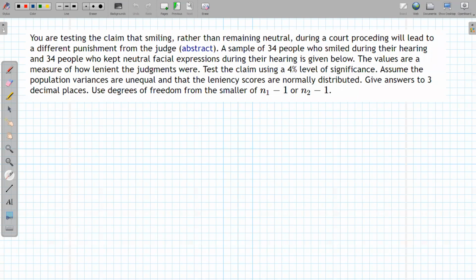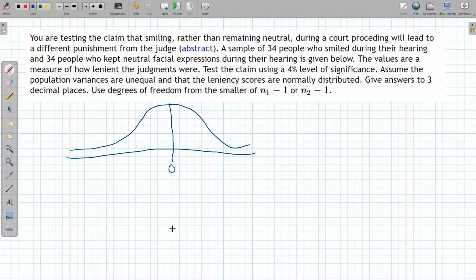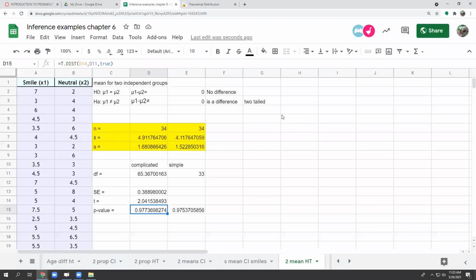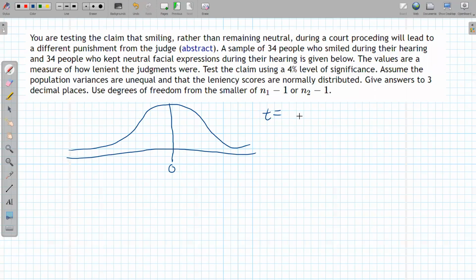Let's draw a little sketch to catch up with my calculation, make sure I'm doing it right. We assume that there is no difference. I just calculated a t-score of 2.04. That's a little more than 2. That's interesting. So we're just around 2 standard deviations out here.